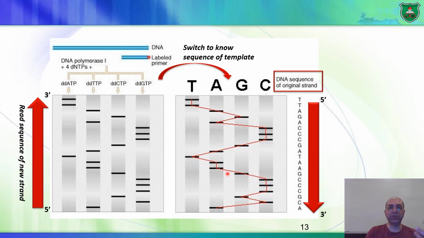Okay, so this is sort of like a hypothetical gel for the template. But you can again go there and say, that's an A, so that's T, T, A, G. Okay, and A, and so on, C, C, C, and so on. So you would be able to know what the sequence of the template is by flipping the sequences. And remember that DNA is anti-parallel, right? Okay, so that's the idea behind it.